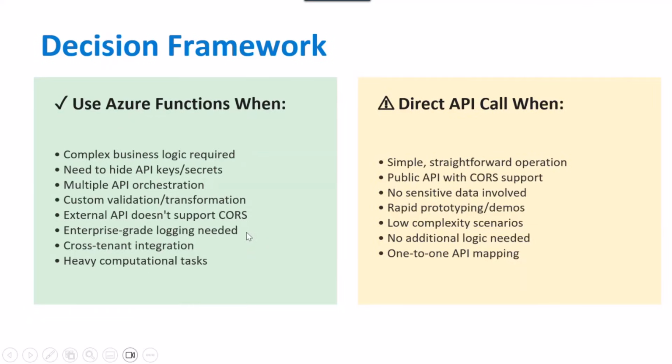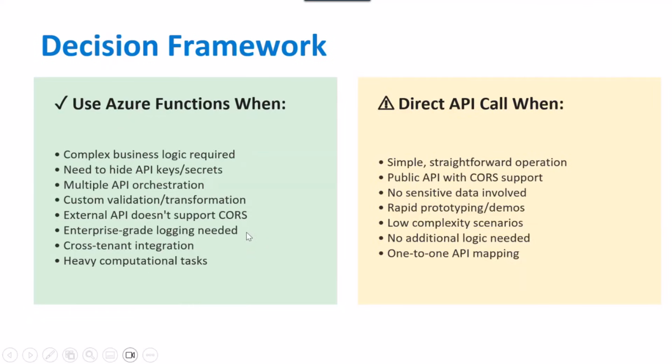When you have cross-tenant integration, in this case, my Power Automate flow was in a different tenant than my Azure function. Cross-tenant integration happens in many enterprises. I initially wanted to do everything within one tenant and use an HTTP connector to show you what happens.